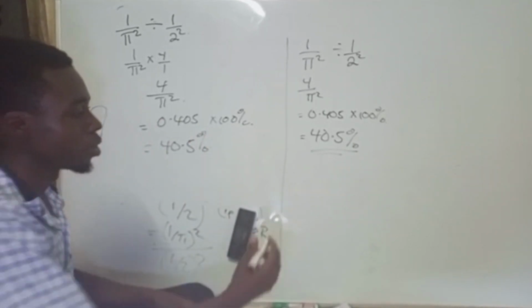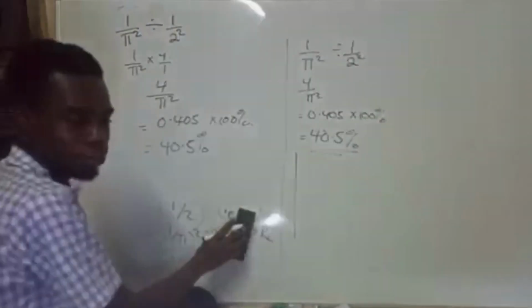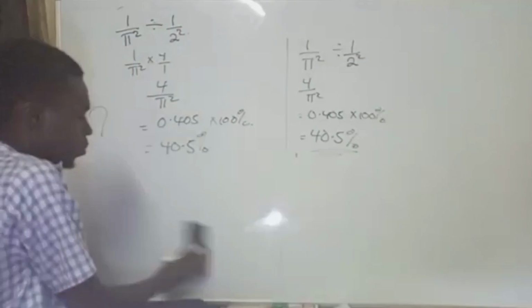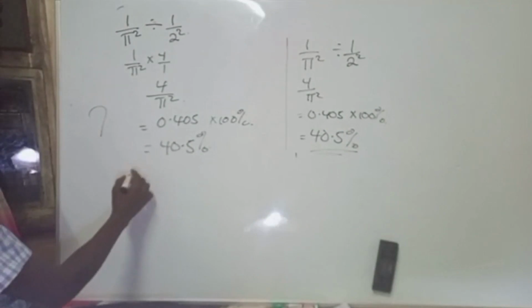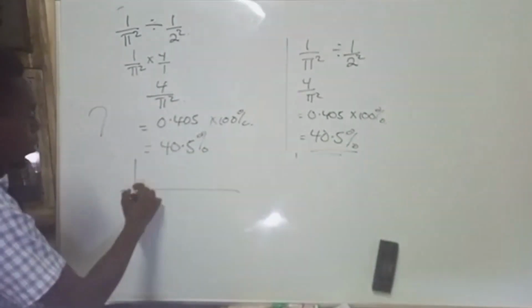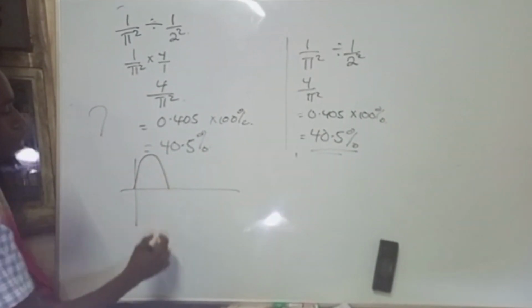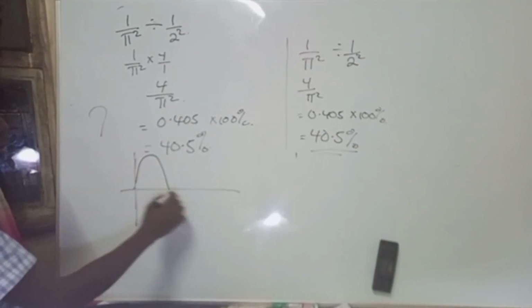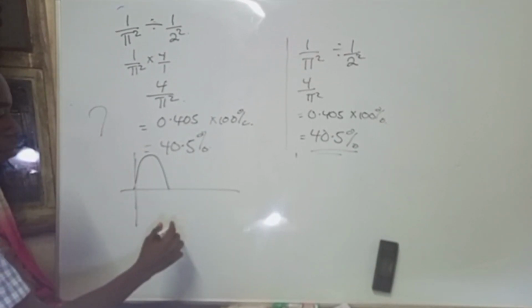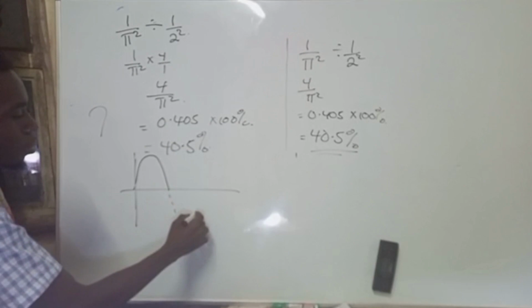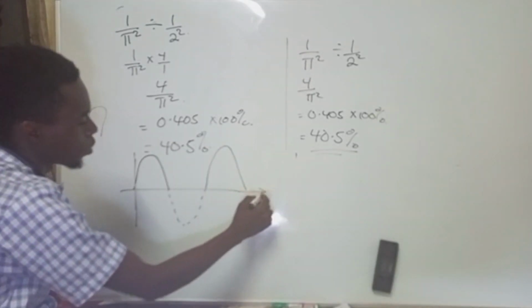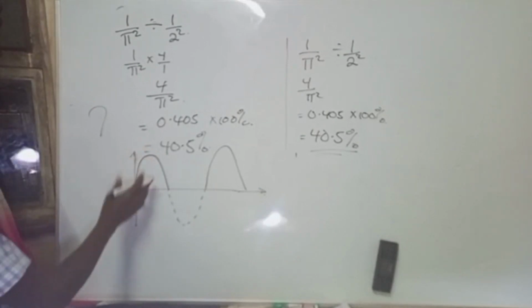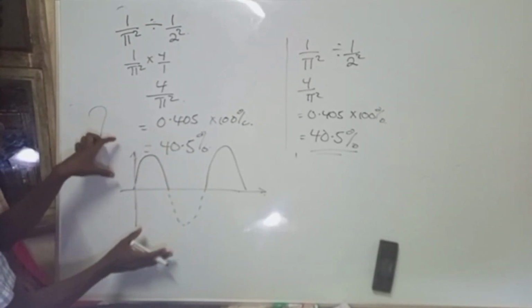rectification cycle. So for a half-wave rectifier, let me put it here where it is a little bit clearer. Remember that the signal comes in as a full wave, but a half-wave rectifier only produces output for half the time. Inside the wave, power is contained in equal portions.